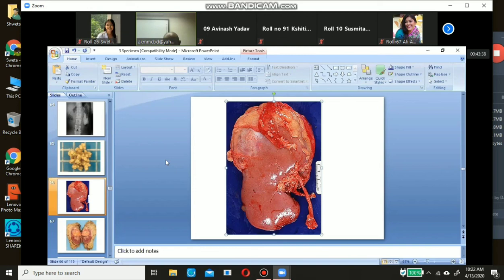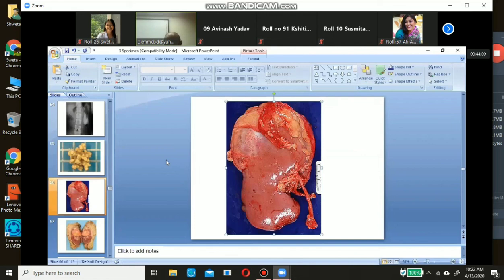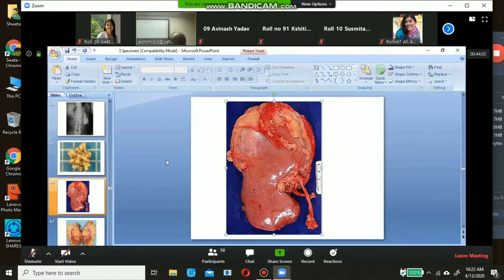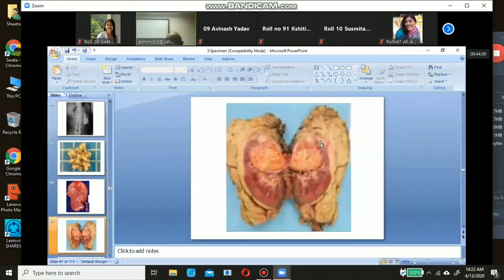You can see the other picture, the same thing. The part of the kidney is normal, then there is an enlargement in the kidney, and you can almost blindly say that it is renal cell carcinoma. You see, this part of the kidney is normal and this is abnormal.